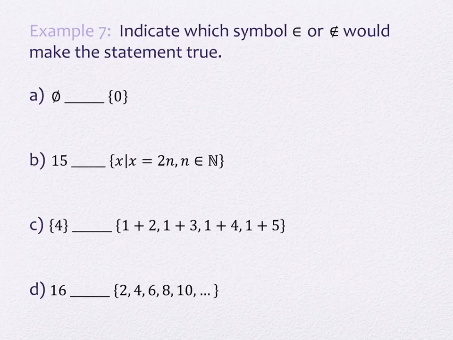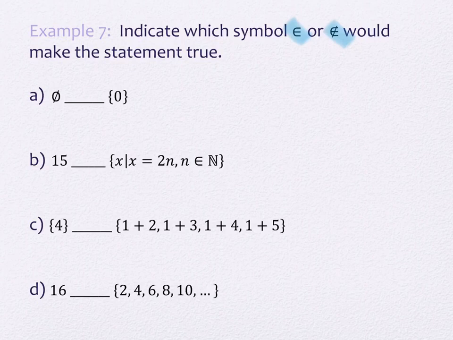So we're making progress. There are 4 different statements here, and we're asked to use one of 2 different symbols. The symbol is either the element symbol or the is not an element symbol. Okay? So there's 2 things that you have to decide when you're working with this symbol. First of all, you have to decide, is it an element at all?